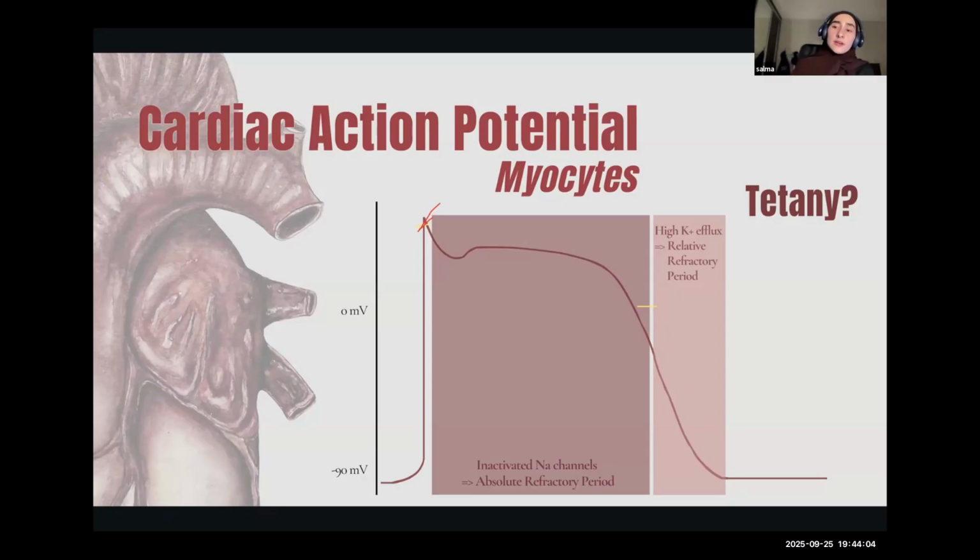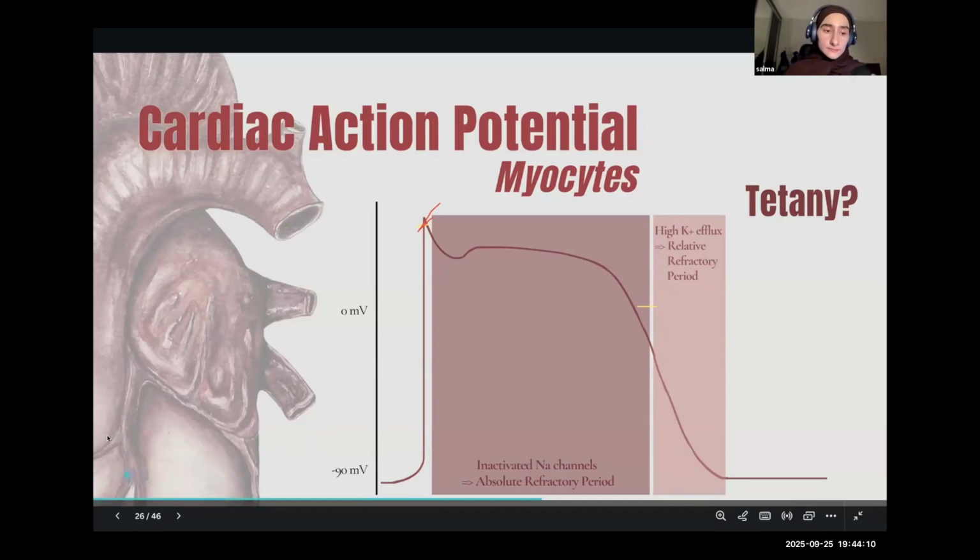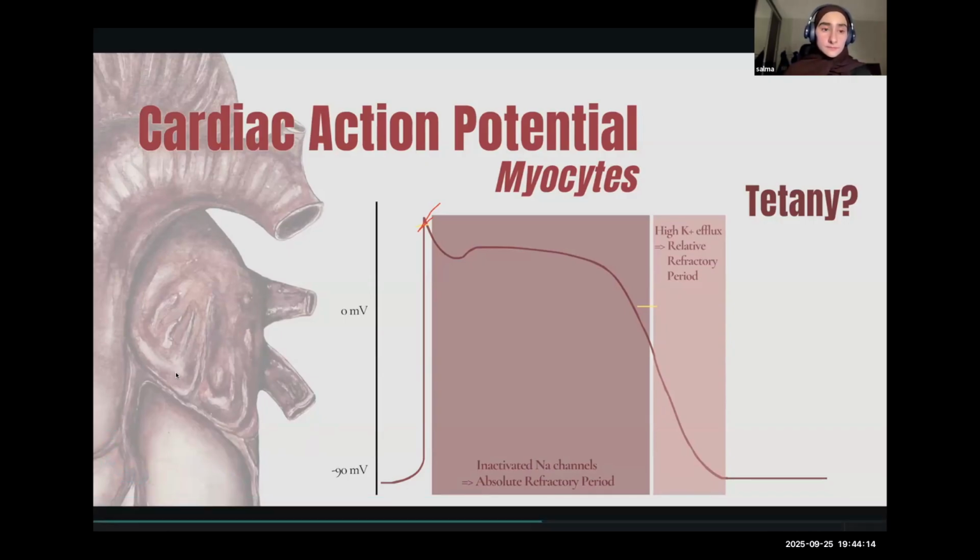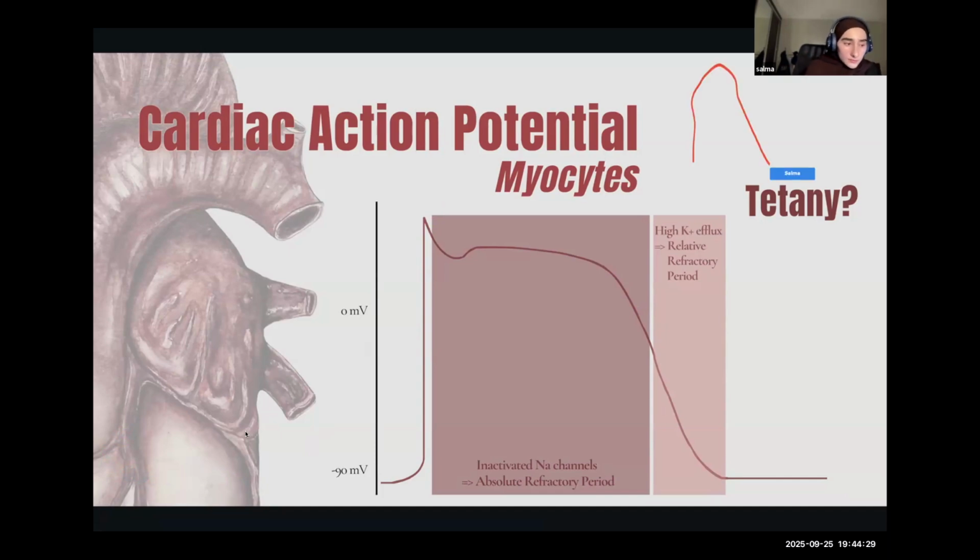But now I want you guys to look at the action potential of a myocyte and tell me why you think tetany in the heart is very unlikely. Exactly. You have a refractory period. Now, if you want to compare this to a skeletal muscle, where tetany is much more likely, they don't have this plateau phase that we have over here.